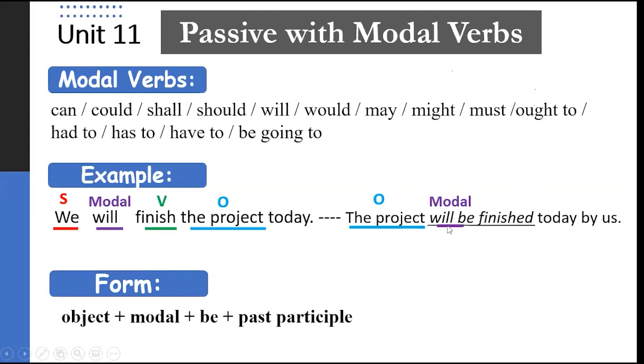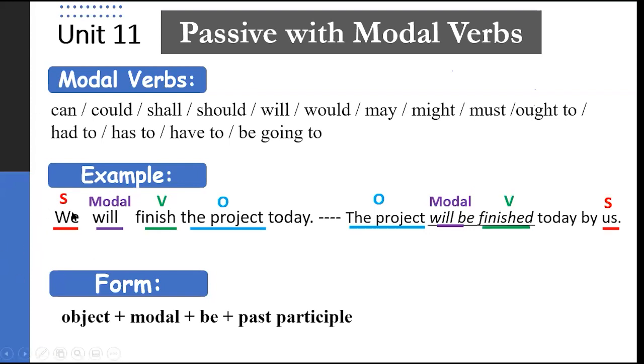But the project will be, and then it says the main verb has to be in the past participle. My verb is present, finish. I have to change it to the past, so I have to add ed. The project will be finished today by us.